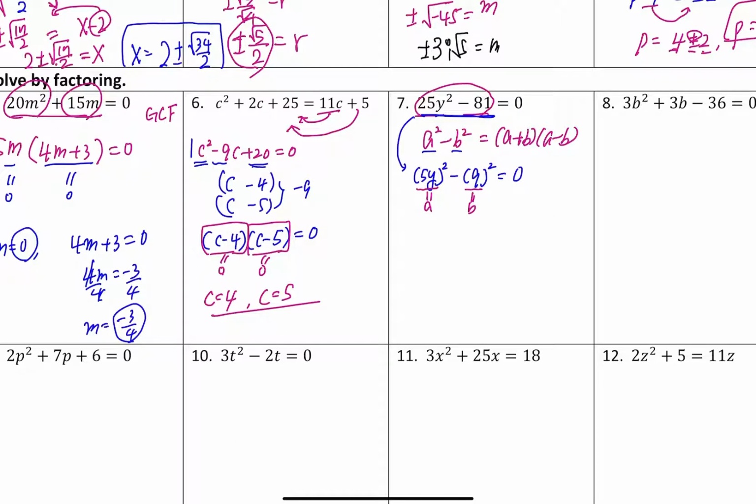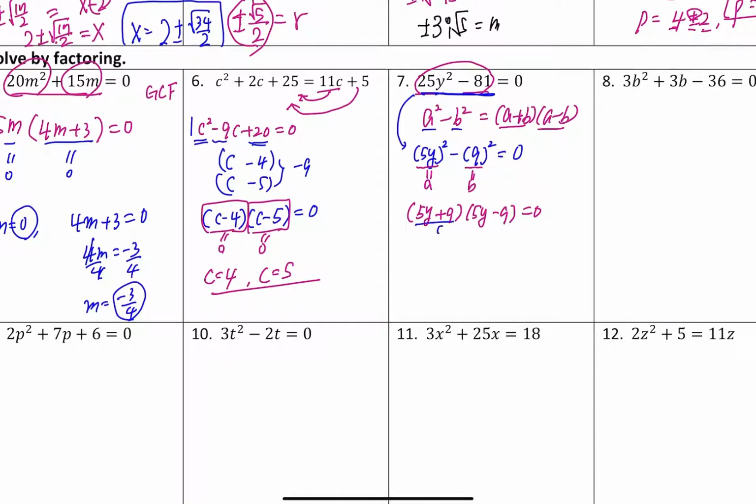So the right factoring should be (a plus b) times (a minus b), which is (5y plus 9) and then (5y minus 9) equals 0. The following steps are same. You use zero property. Okay?